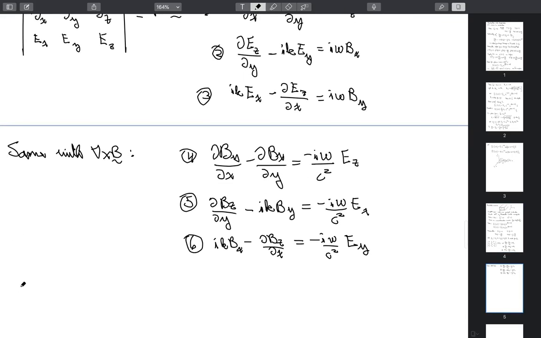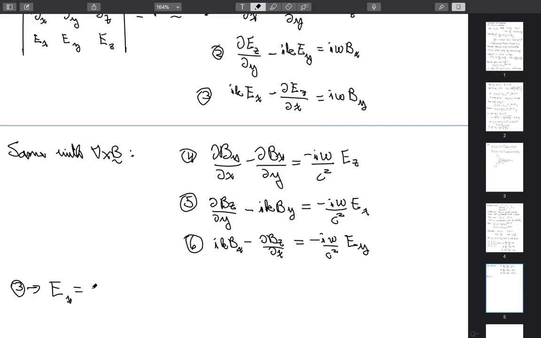So let's do a little manipulation. Equation 3 tells us that Ex, I'm just isolating Ex in this equation here. So this Ex is equal to, let's see, I put this one on the other side, and then I divide by ik, so I multiply by minus i over k.